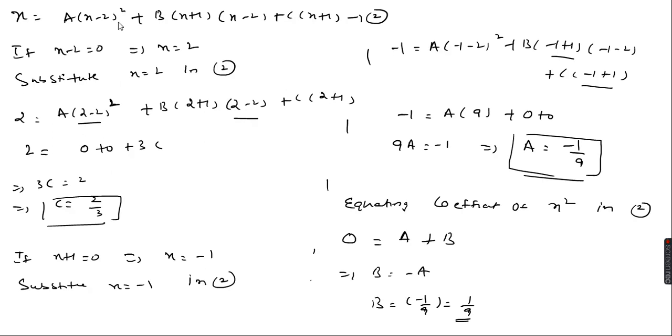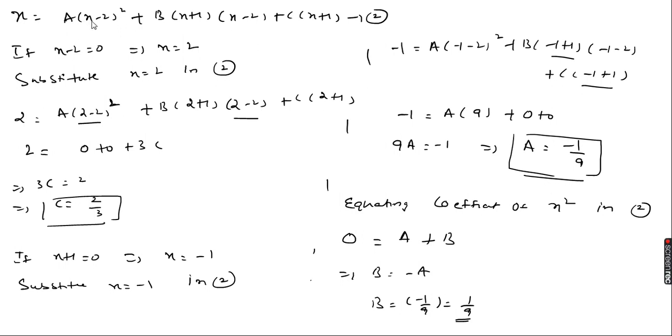We get x equal to a into (x minus 2) whole square plus b into (x plus 1) into (x minus 2) plus c into (x plus 1). If x minus 2 equal to 0, from that x equal to 2, substitute x equal to 2 into 2, we get c equal to 2 by 3. Similarly, if x plus 1 equal to 0, that is x equal to minus 1, substitute x equal to minus 1 into 2, we get a equal to minus 1 by 9. And we equate the coefficient of x square in 2. In the LHS there is no x square term, so taken as 0.